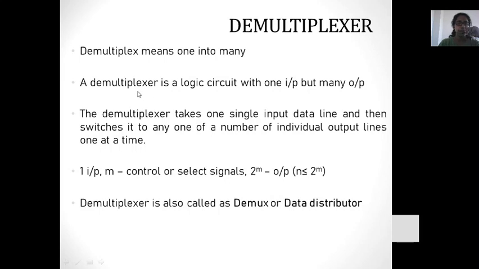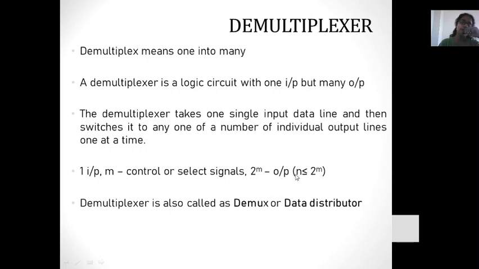A demultiplexer is a logic circuit with one input but many outputs. A demultiplexer takes one single input data line and then switches it into any one of a number of individual output lines, one at a time.